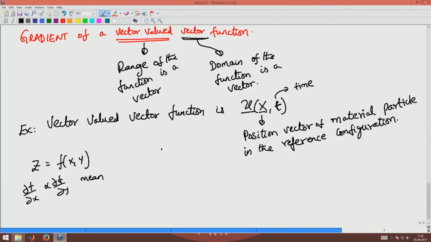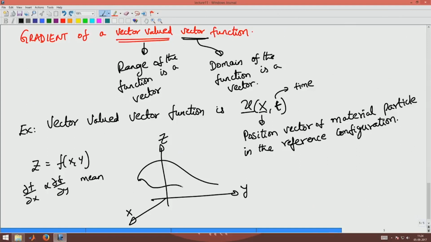So, basically if I plot this function in a 3-dimensional space, with x, y and z oriented like this, I will get a surface. Okay. On this surface, I might get a surface like that.